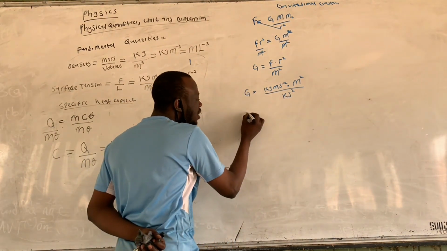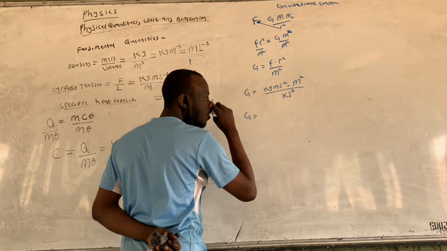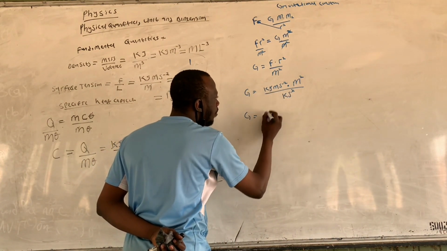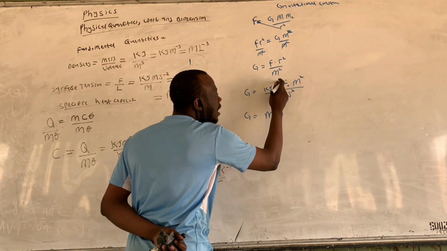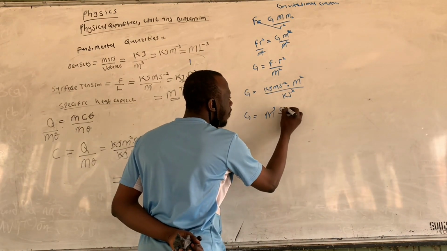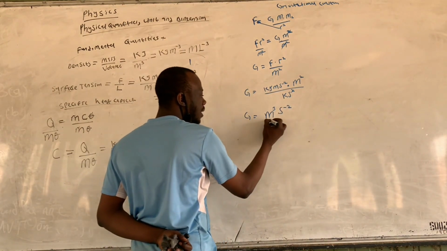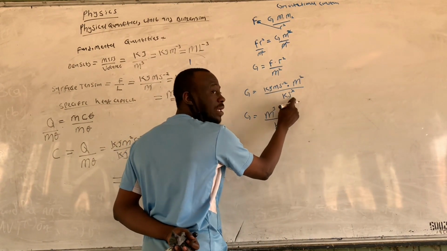So now our G equals: 1 kilogram here cancels out 1 here. Meter times meter squared gives meter cubed, seconds to the power of minus 2. We still have another kilogram, and 1 kilogram cancels out 1 here.